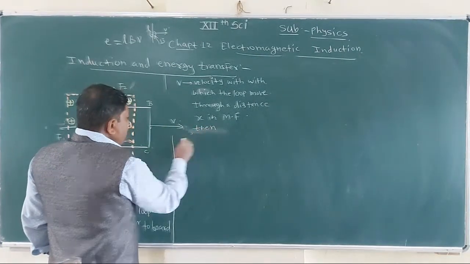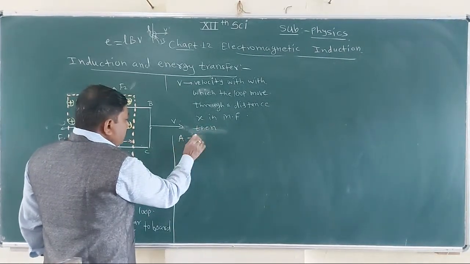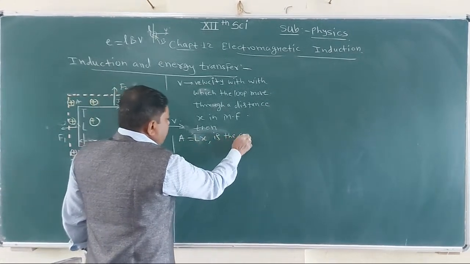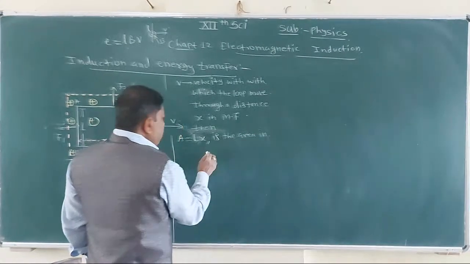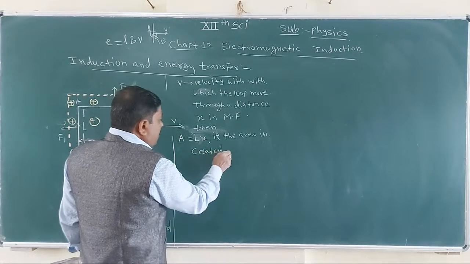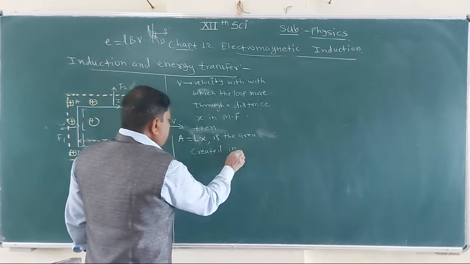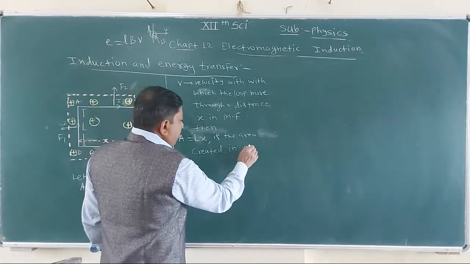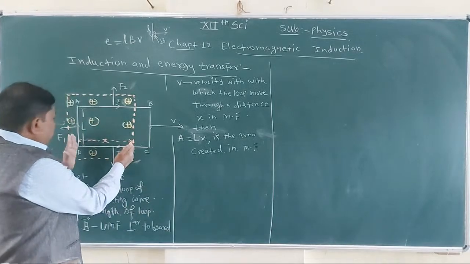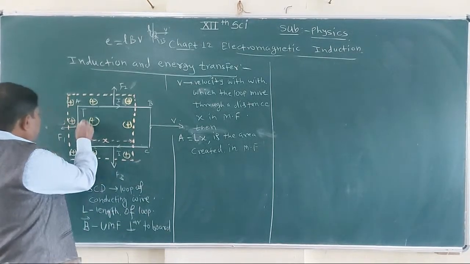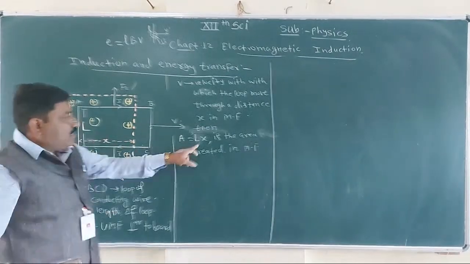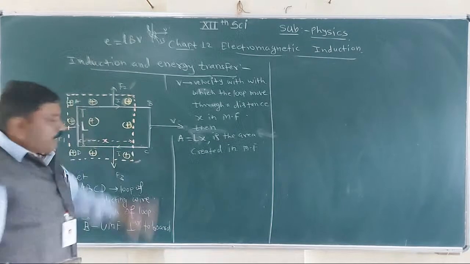Then A is equal to Lx, is the area created in the magnetic field, असं म्हटलं जाते. म्हणजे एवढा एरिया क्रिएट झाला बघा, लेंथ L into breadth x, that is the area created in the magnetic field.